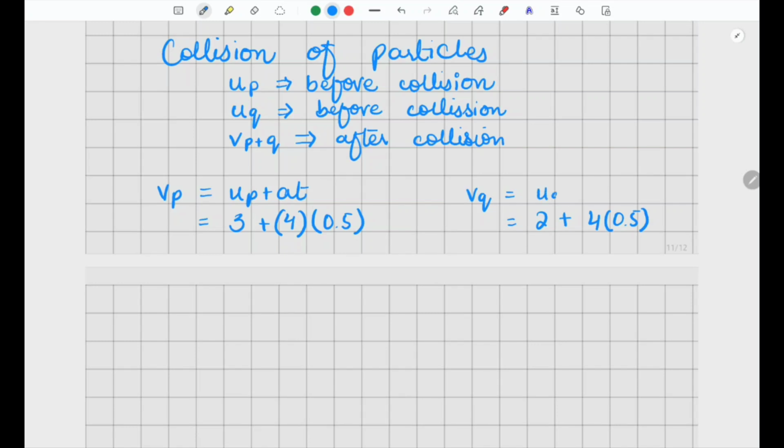So UQ plus AT. This will give you the velocity of P to be 5 meters per second and the velocity of Q to be 4 meters per second. So here I can write 5 and 4.